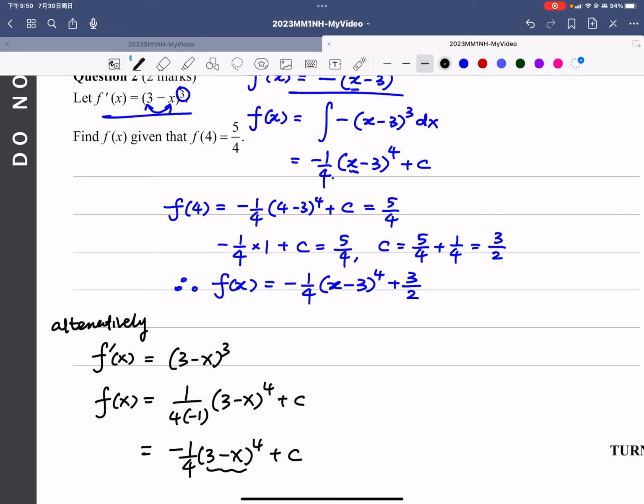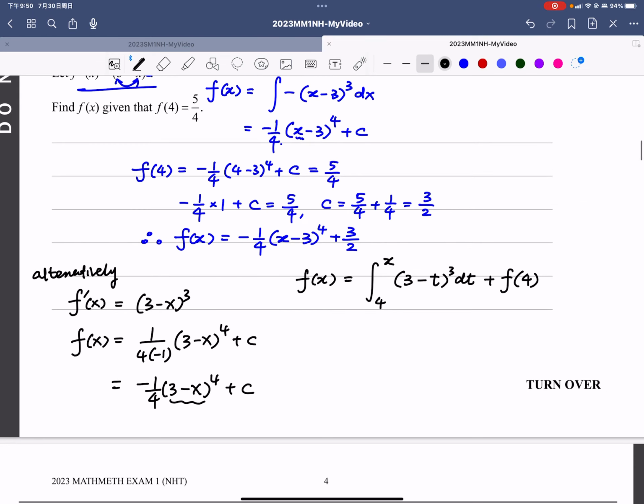Some of you might use, let's say, this approach. Let's say f of x equals the integral from 4 to x. Remember, when you are using a definite integral, first you need to change the letter to a dummy variable, t, and a dt. Next, you need to add the boundary value, okay? Like this.